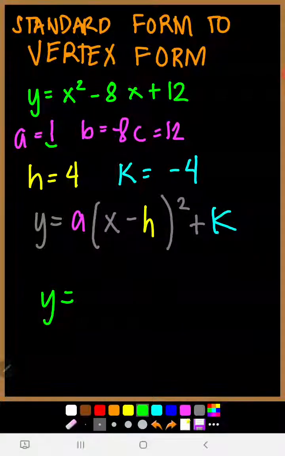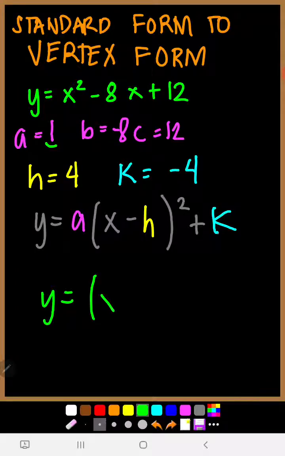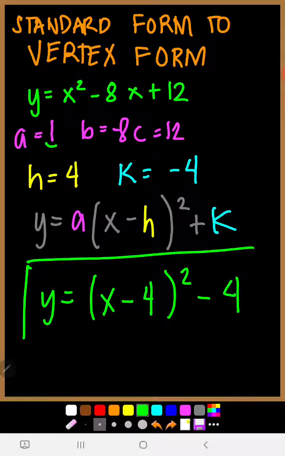So, hindi na kailangan ilagay. And then, copy x minus, ang h natin is 4 squared, tapos plus, but this is negative, so minus 4. So, yan na yung vertex form ng y is equals to x squared minus 8x plus 12.